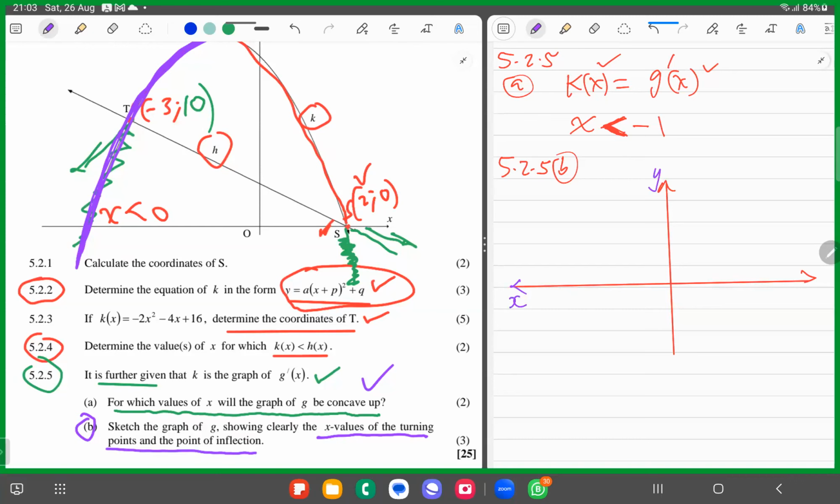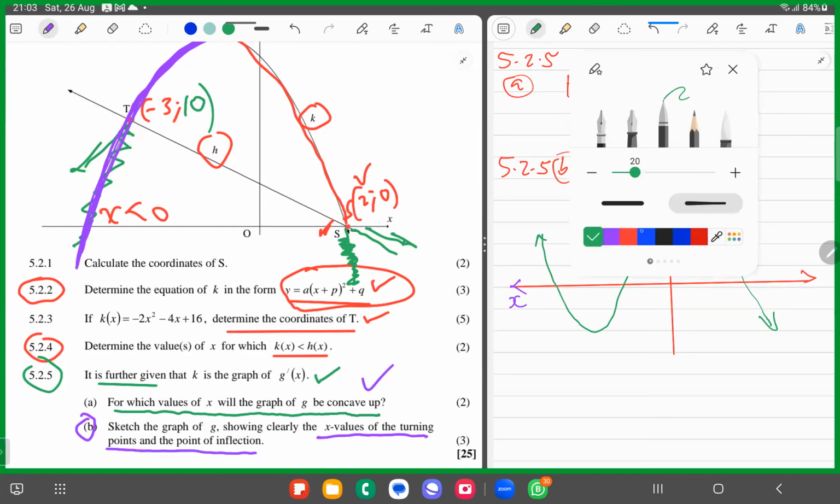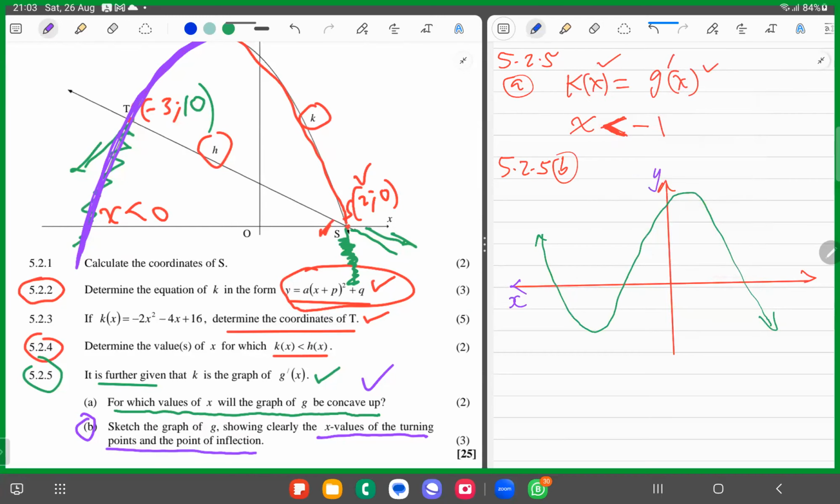Now it follows at this point that your graph is going to be somewhat like this. And then you're going to have these parts here.